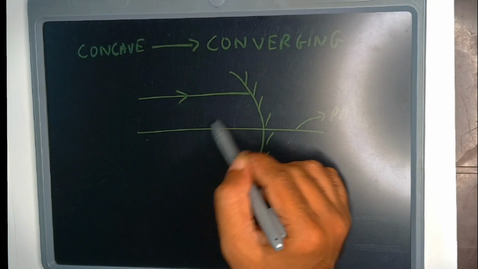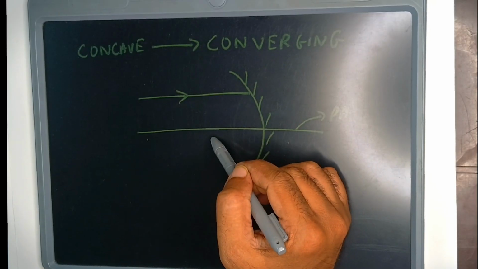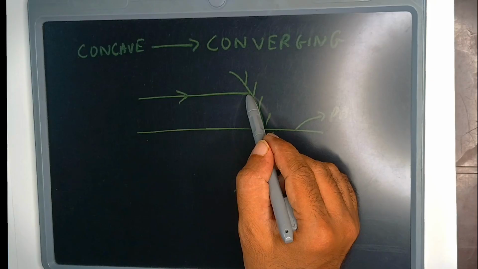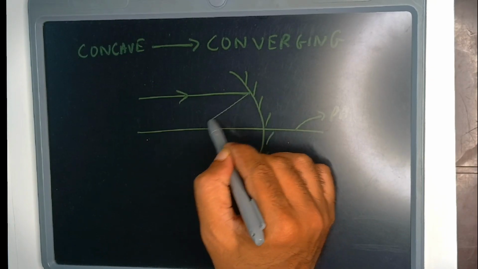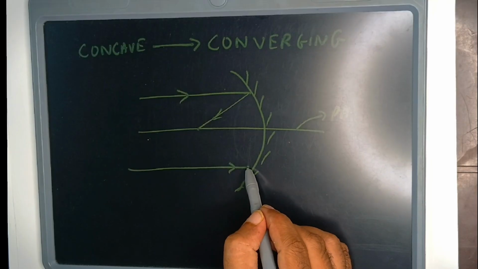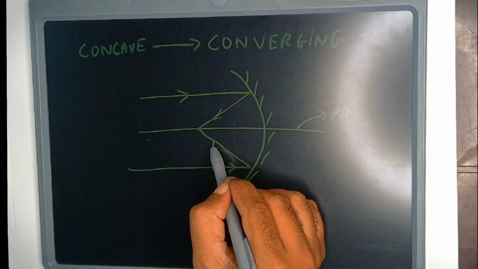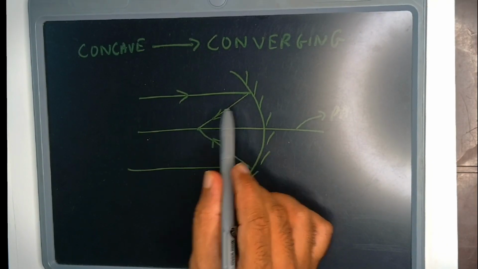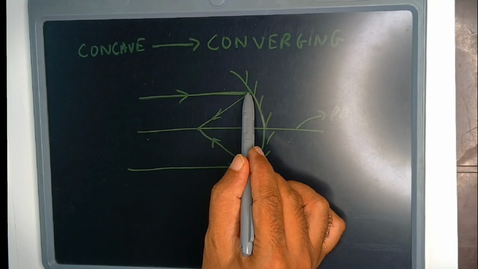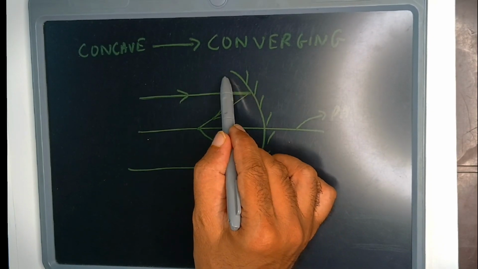How do we know it should be this way? How do we know that the ray of light, when it bounces back, should bounce back this way? Think and write in the comments. How do we know the ray of light which is parallel to the principal axis should bounce back downwards and not upwards?